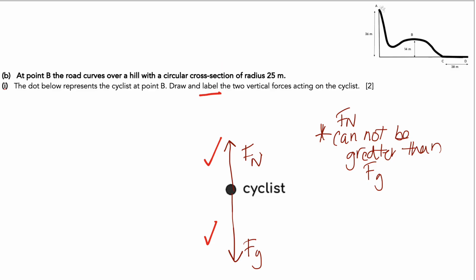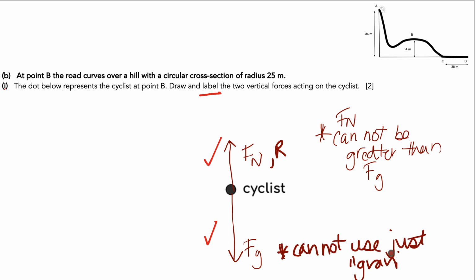You can label this as normal force. You could have written the word normal. You could have written the word reaction force. In the previous syllabus, we would have used the capital R. All of that would be acceptable, except right here, you cannot just use the word gravity. You also could have used a W for weight.